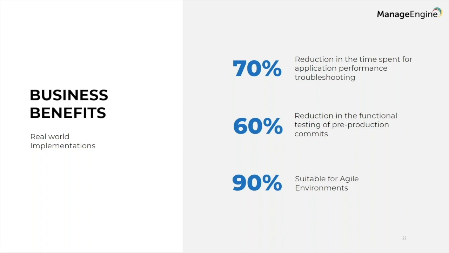And a 60% reduction in the functional testing of pre-production commits. Say, for example, you're planning to deploy a new feature to your production code, and you're not sure how well this feature is going to affect other parts, or if there is going to be any breakage of other functionality sets. Some developers might have built a fix for a security exception.